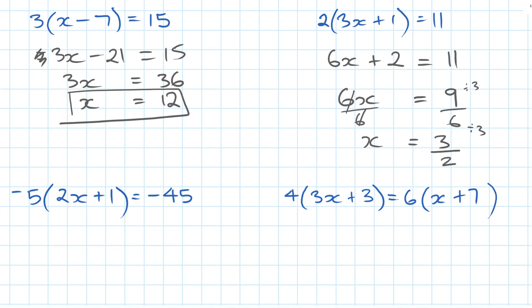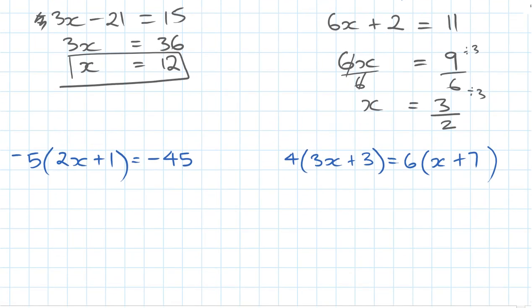Okay, the next couple of examples just get a little bit trickier. Again, let's expand the left-hand side. So we end up with negative 10x minus 5, and that's equal to negative 45. Adding 5 to both sides, we end up with negative 10x equals negative 40.